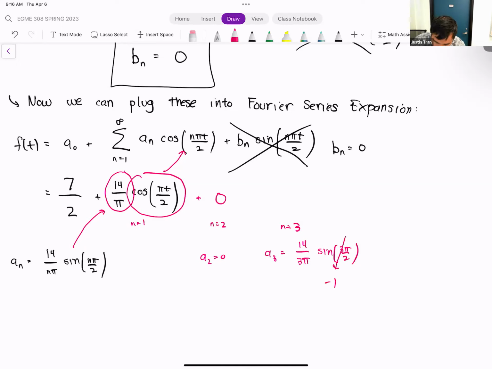So we're going to have a minus sign out here, so you have a minus 14 over 3 pi. And then our cosine term is going to be cosine of 3 pi t divided by 2.